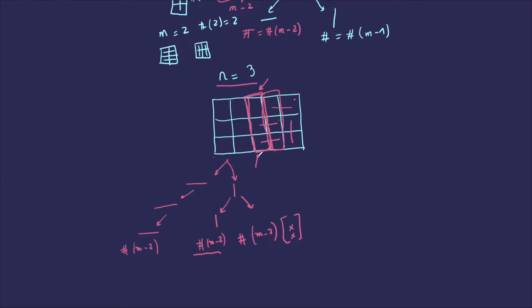I mean by this, if I am at this actual position, anything I do here, any kind of tile I place here will only affect the next column. So to make things clearer, I will only consider two columns like this for the case where n is equal to 3.